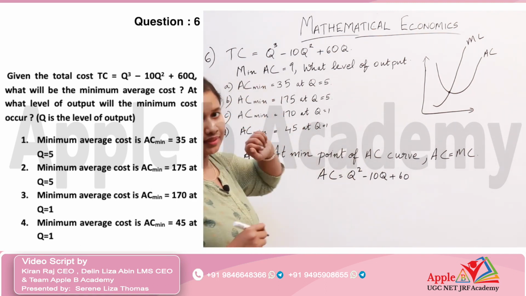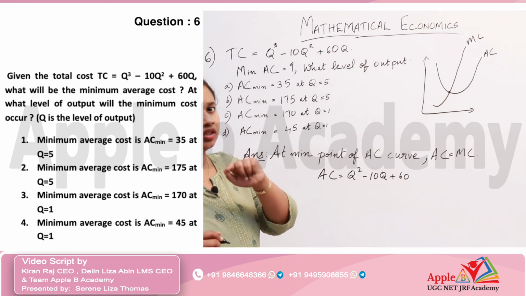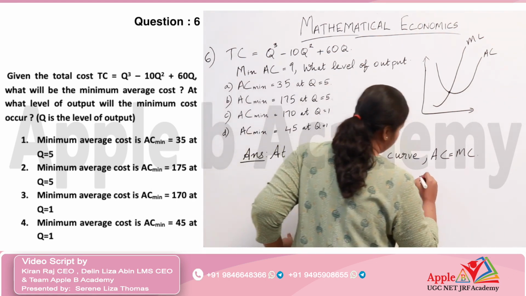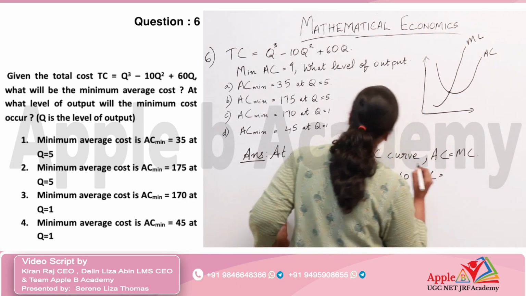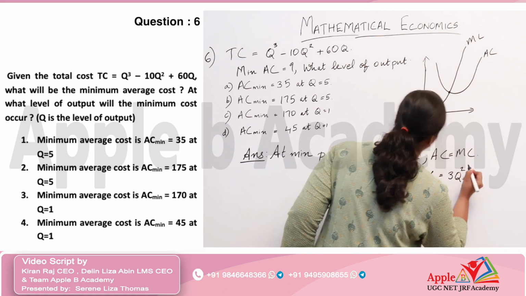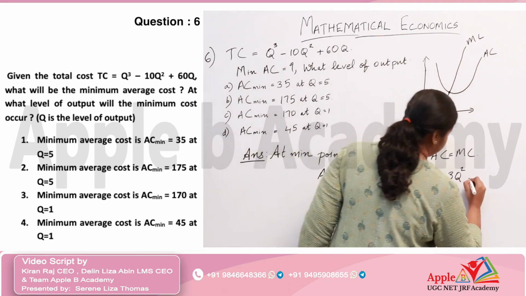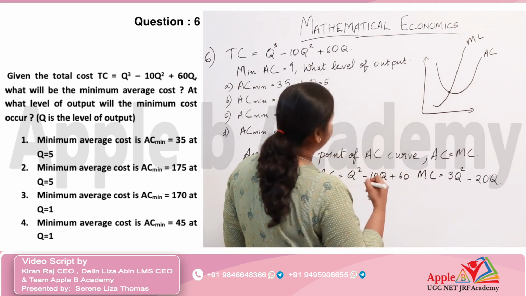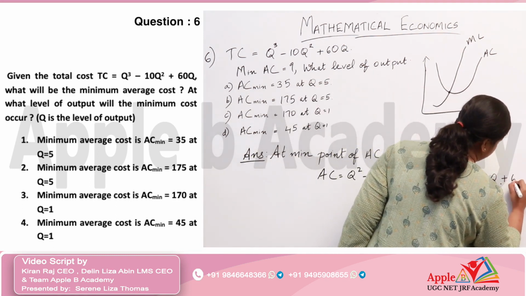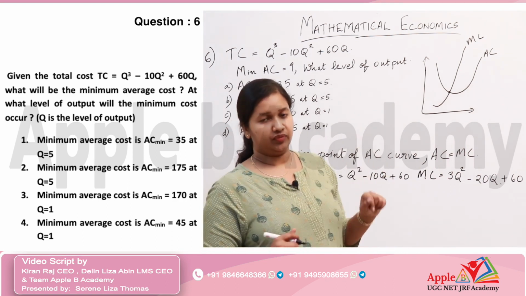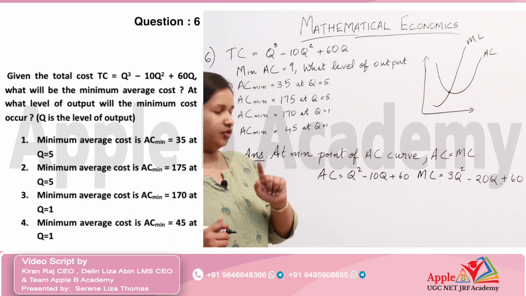Now, marginal cost is found by differentiating this equation. Differentiating, we get marginal cost equal to 3q square minus 20q plus 60. So we have AC and MC. Now we need to equate these two.